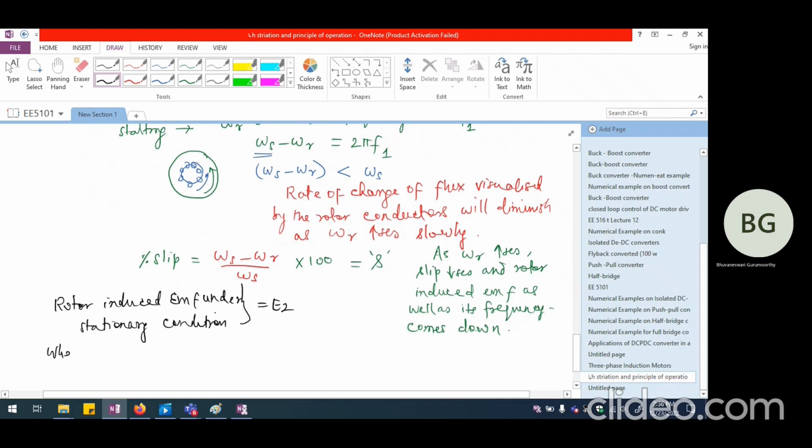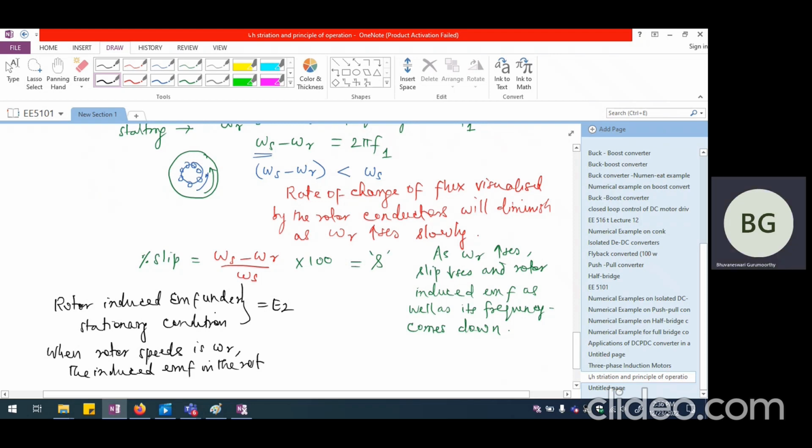when the rotor speed is omega r, the induced EMF will be S times E2, where S is the slip we have defined.